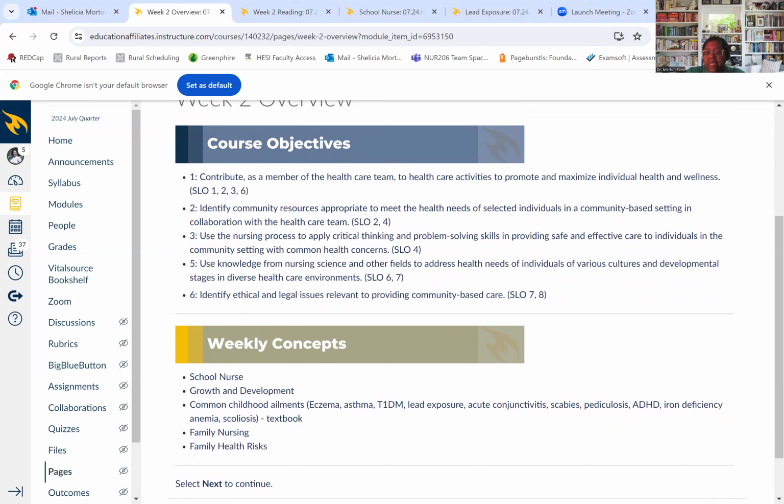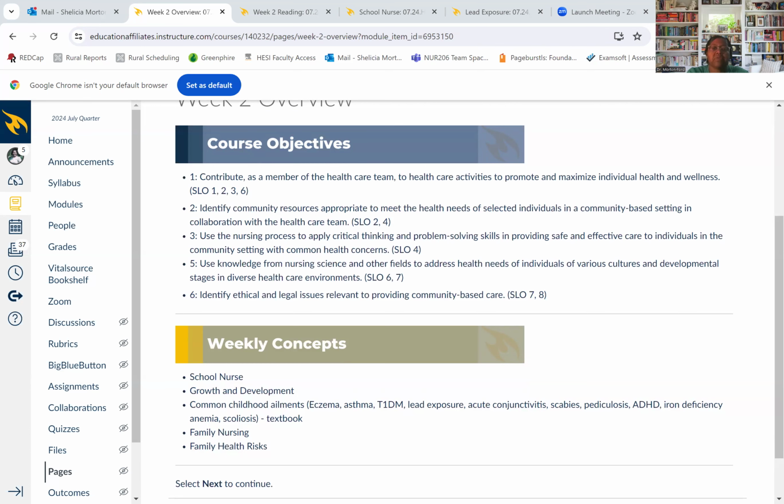We want to be able to identify those resources that are in the community that help the person individualize specifically to meet their needs. We always want to use that nursing process, critically thinking. That nursing process is that structured way so that we can critically think and not lessen the chances of missing something. And it also helps us to problem solve in a safe, effective way.